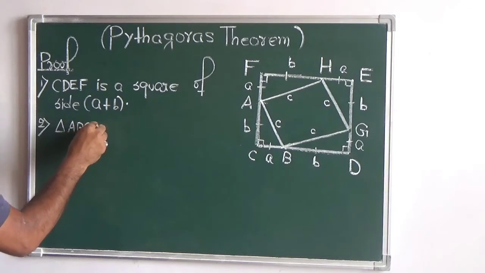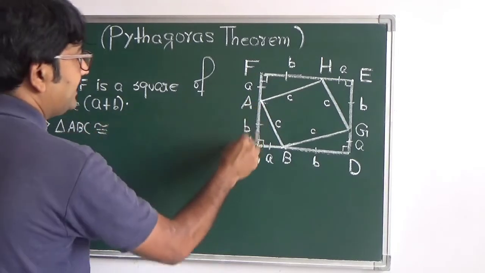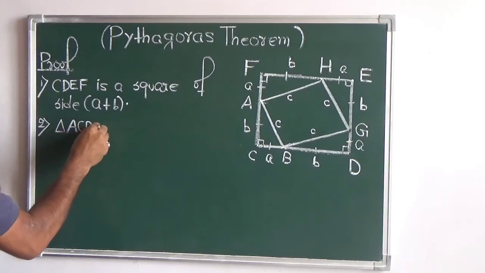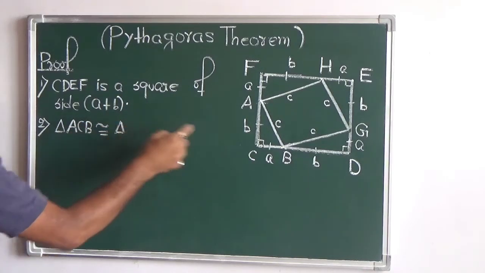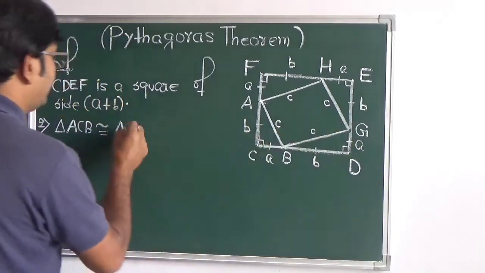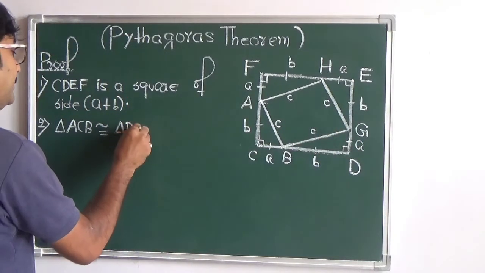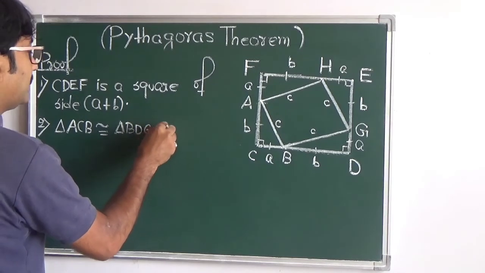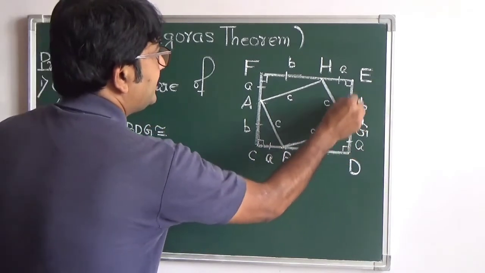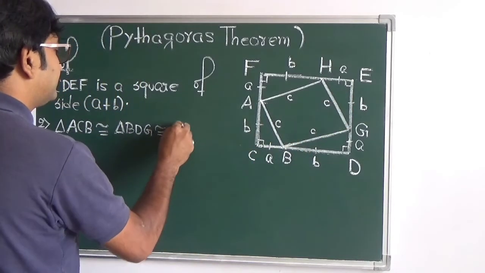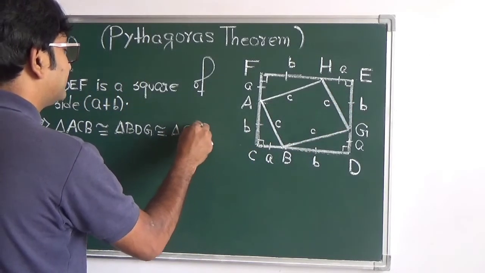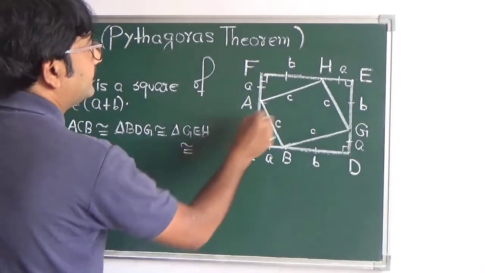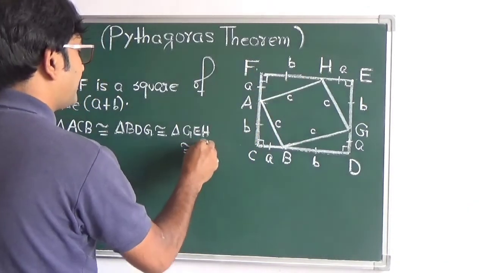Secondly, the second point: triangle ABC is congruent, we can write with, triangle ACB is congruent to triangle BDG, BDG is congruent to triangle GEH, and which is congruent to triangle HFA.